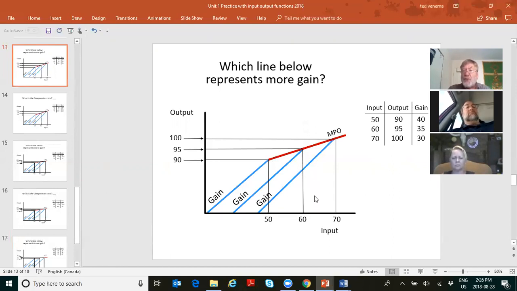It's like 63 input is required to give me 90 output. 90 minus 63 is less than 30. Okay? Let the graph tell the story. Always let the graph talk to you.